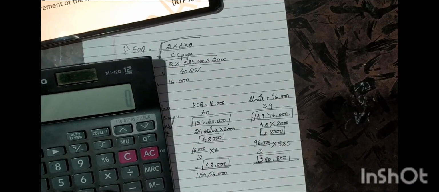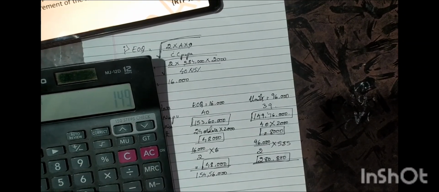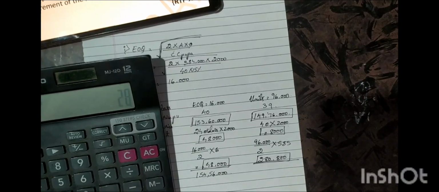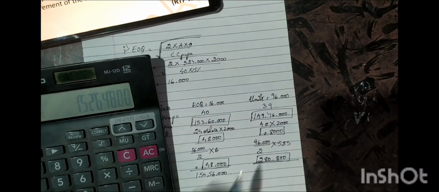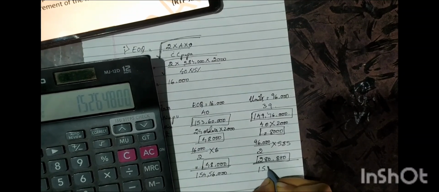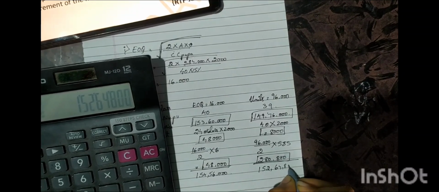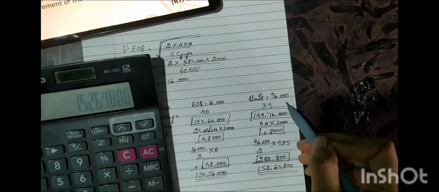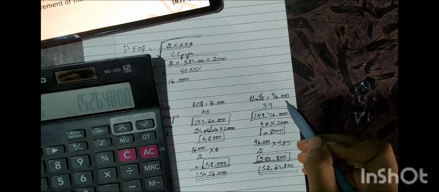Whereas at 96,000 units it is 1,49,76,000 plus 8,000 plus 2,80,800. So it is 1,52,64,800.